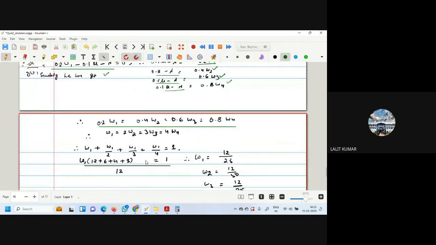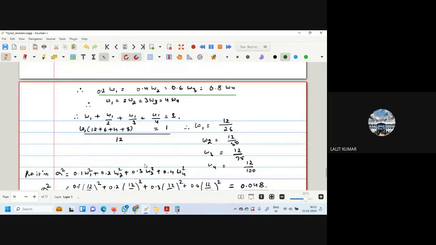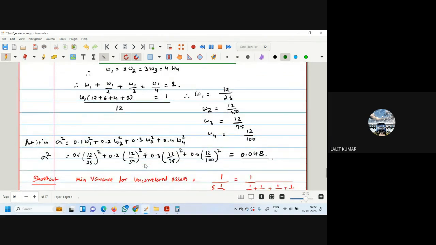From here you can calculate W1, W2, W3 and W4. Now put these into your variance equation and you get the answer. So I have given you both the formula and the way to calculate using Lagrange. Is that okay?